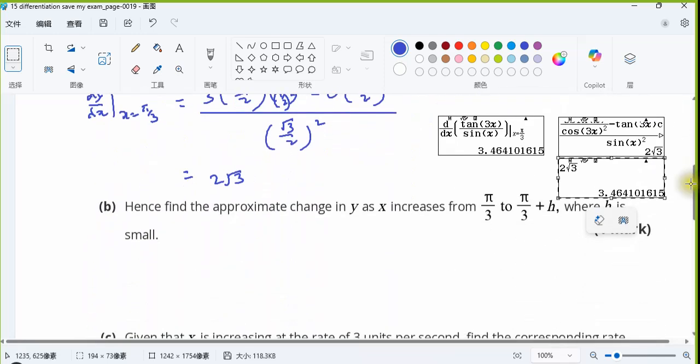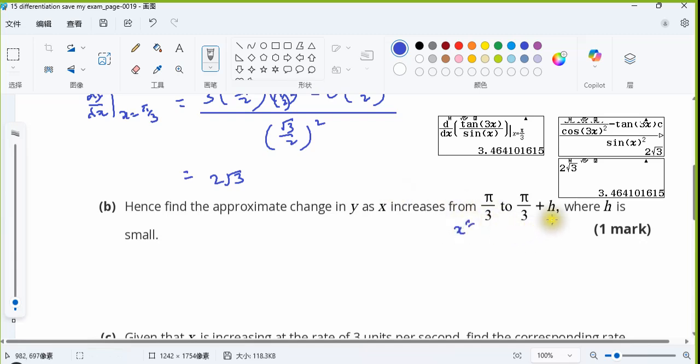And then the approximate change. So the x is this, del x is h. So we know that del y approximate to dy dx times del x. So the del x will be the 2 square root 3h. Okay. 3.4, 3.5.